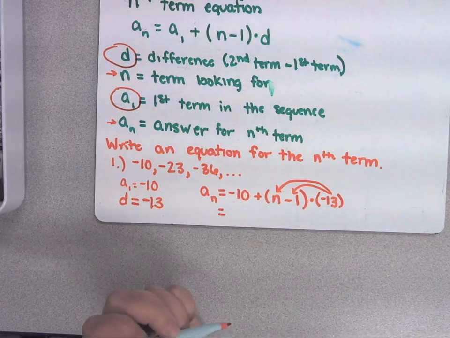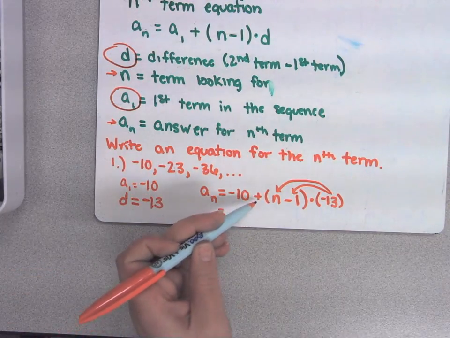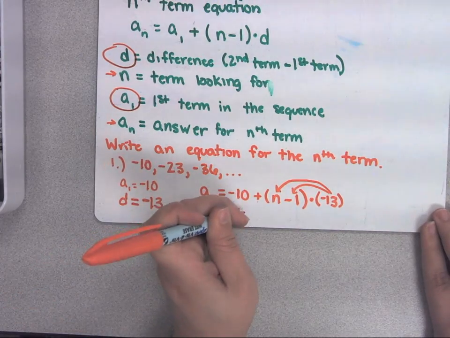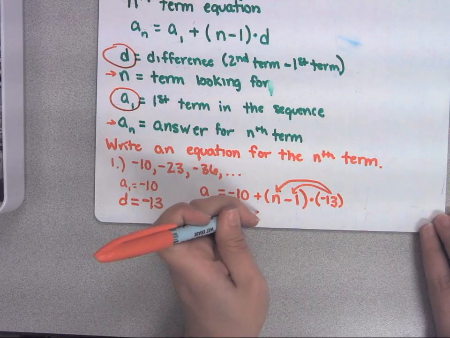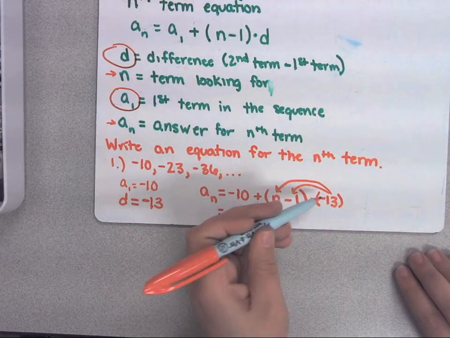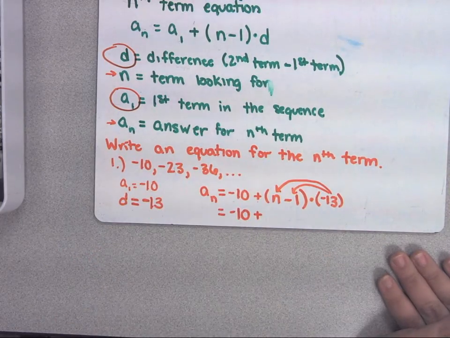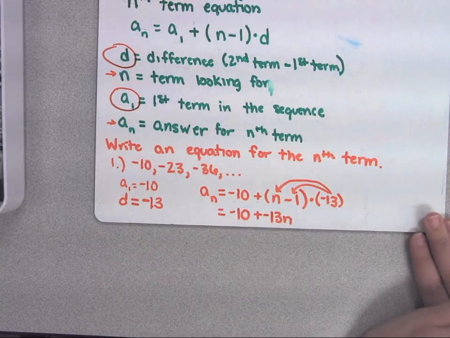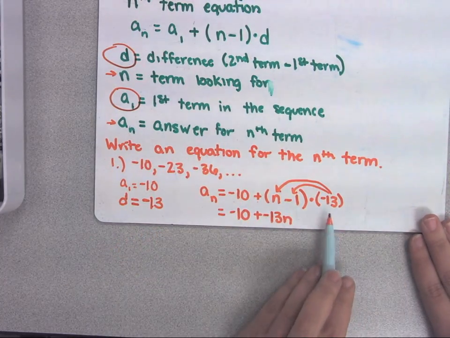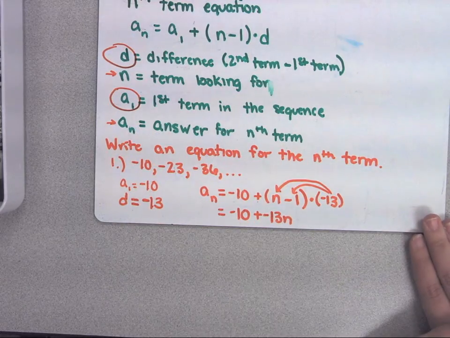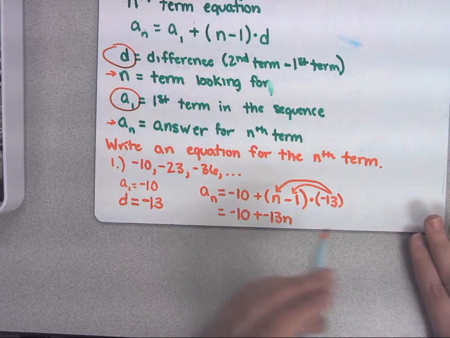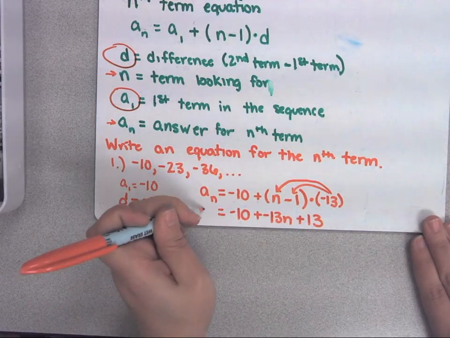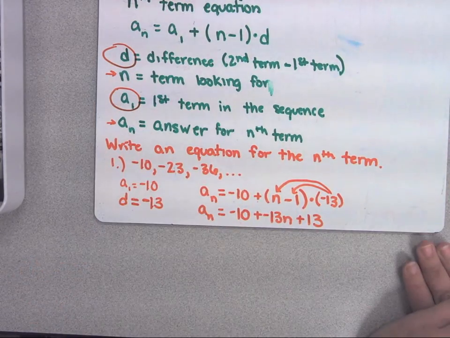There's a plus sign right there. So you bring down the negative 10, then you keep your plus sign for now. Negative 13 times n is negative 13n. Negative 13 times negative 1 is plus 13. And it still says equals A sub n.